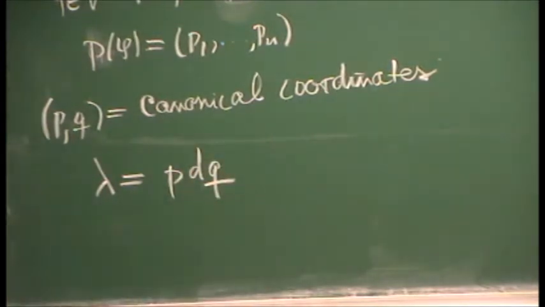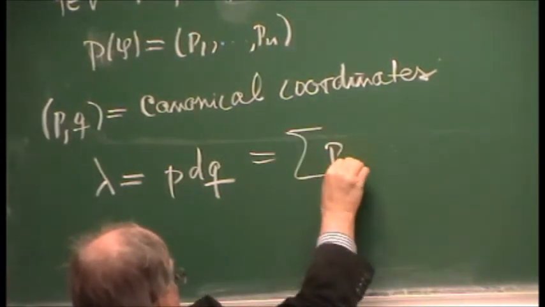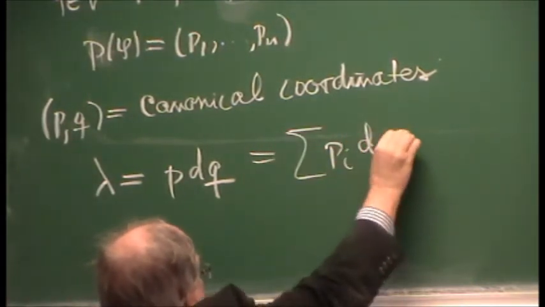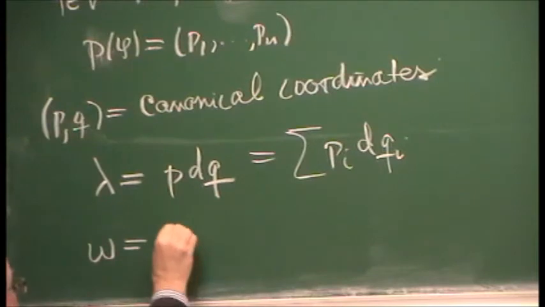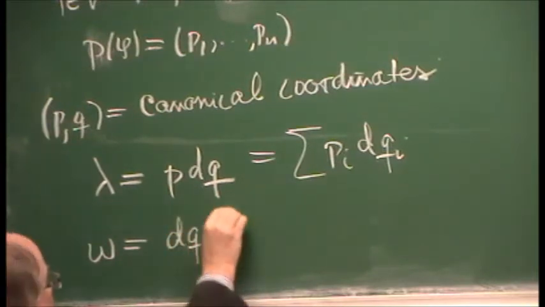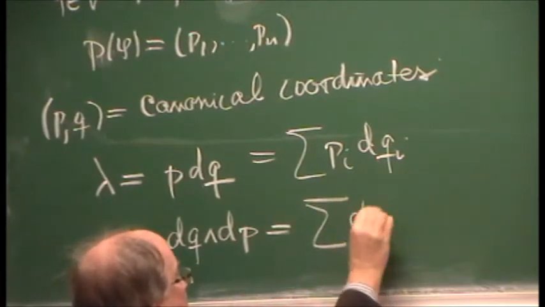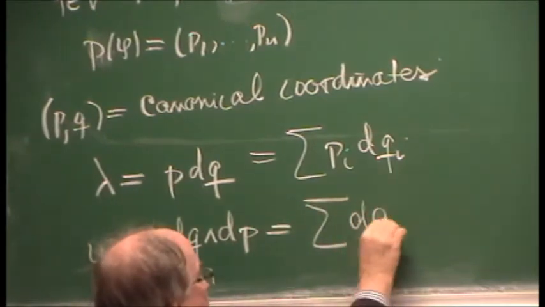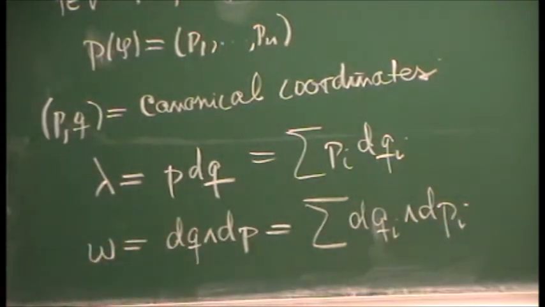I will use shorthand notation all the time now. We computed that out. And omega, correct sign, is dQ wedge dP.